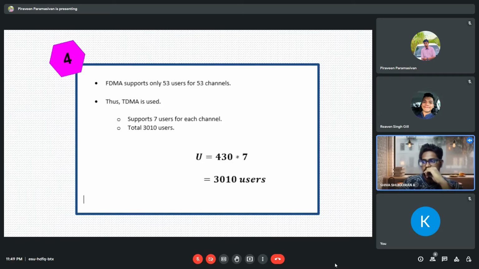Why do we use TDMA? It can assign more users by sharing the same bandwidth, just differentiating with different time slots. So we assume 7 users per channel and we multiply it with the number of users, and we could obtain 3010 users.